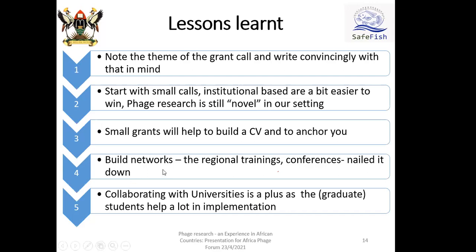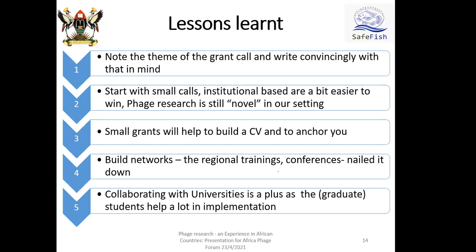Then building networks. I think the regional phage trainings helped us a lot. And also trainings in other areas, because I got to know other colleagues at workshops organized by the International Committee of Food, Microbiology and Hygiene.